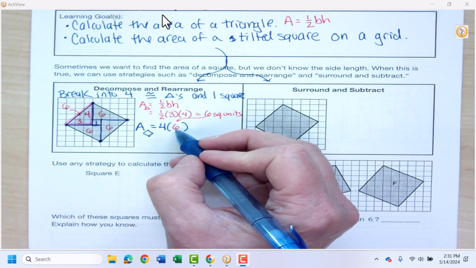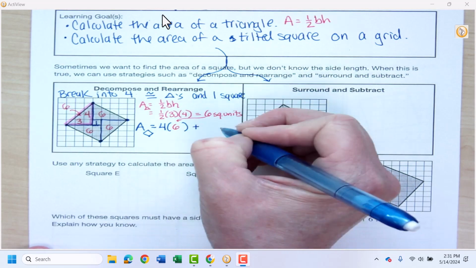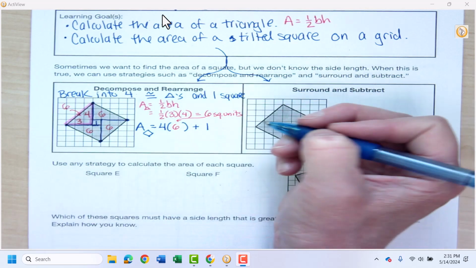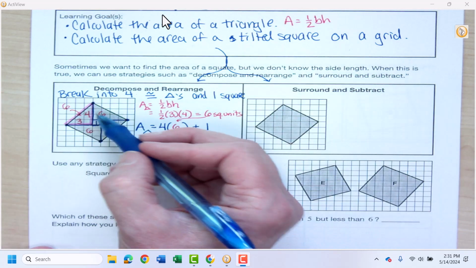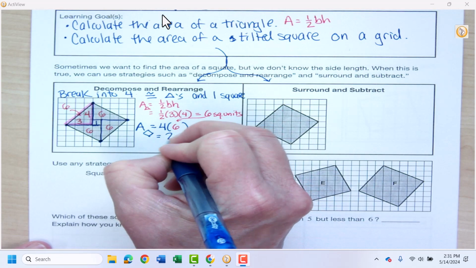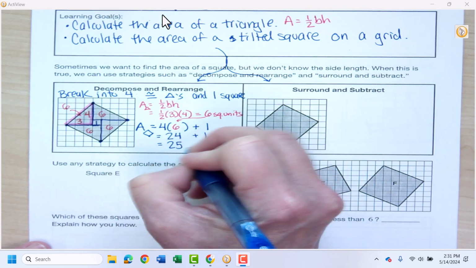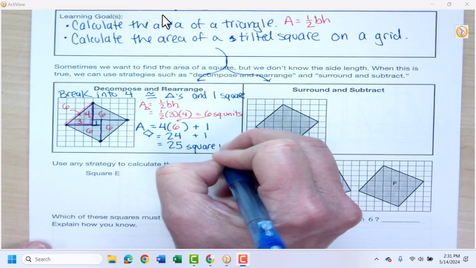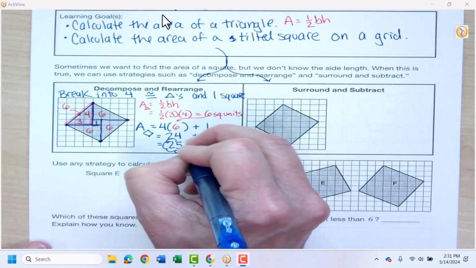So I'm going to take that area and just multiply it by 4 for the 4 triangles. And then I've got this square in the middle. It's just 1 square unit this time. So I've just taken all the pieces that are inside this square and figured out all of those areas. When I add them all together, I get 25 square units for the area of that tilted square.